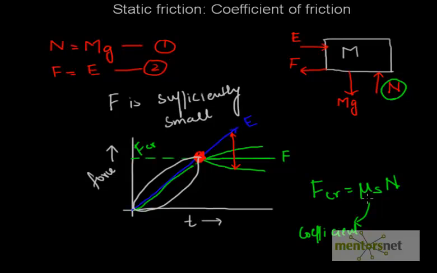And this mu s basically captures the quality of the two surfaces which are interacting. So if the two surfaces are smooth, this value of mu s is less. If the two surfaces are rough, this value of mu s is more. So this is how we find the value of F critical. This is the coefficient of static friction.